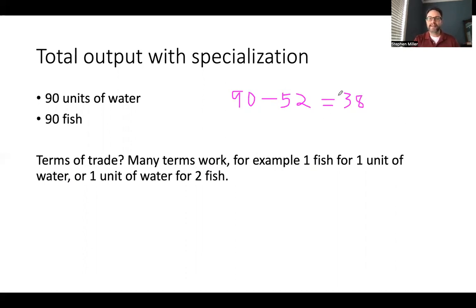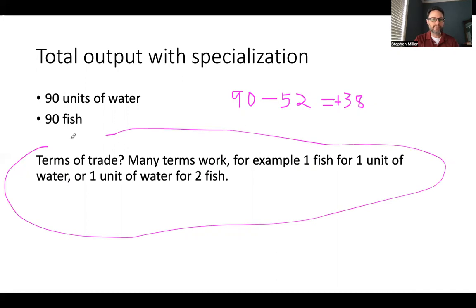So that's 38 more liters of water a week, 38 more fish than they were producing when they were on their own, producing in the middle of their production possibilities. So specialization, especially when it's based on absolute advantage like this, can really make a difference in how much total production there is.